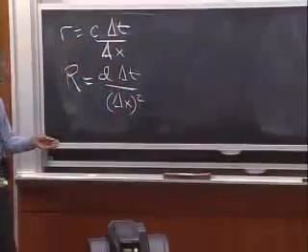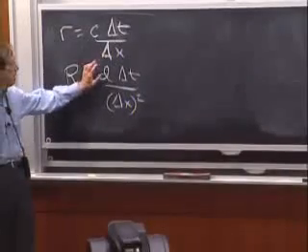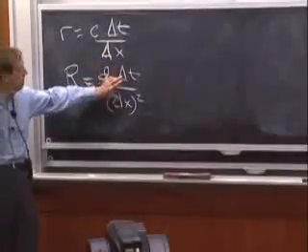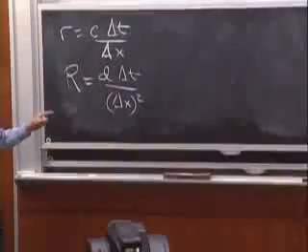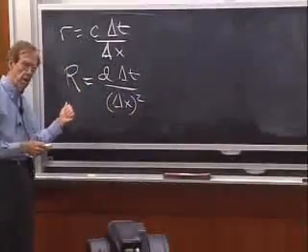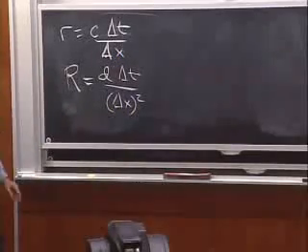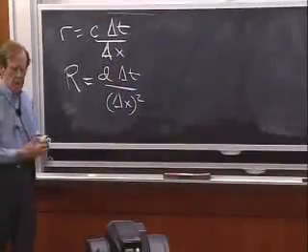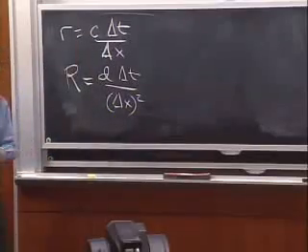And again, it's dimensionless, because if D has dimensions of distance squared over time, that reverses it to give a dimensionless quantity, and we'll see that explicit methods require a bound on capital R, and that's what forces us into that small time step. Okay, so you'll see capital R playing a similar role to little r.